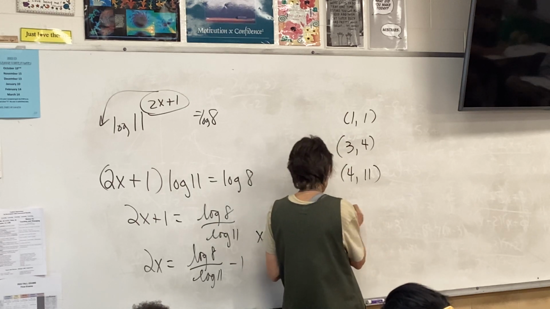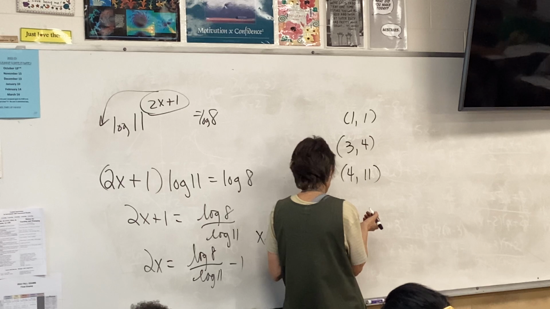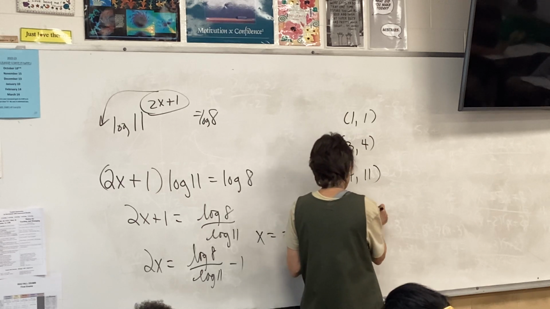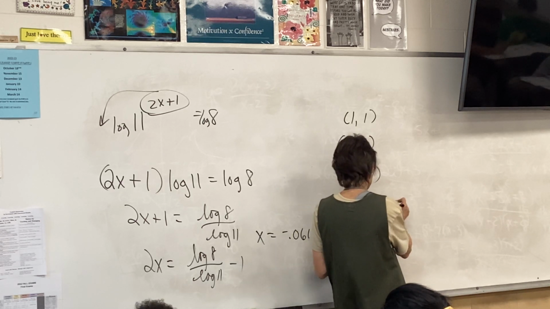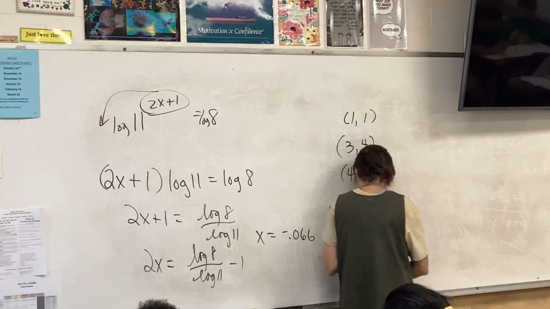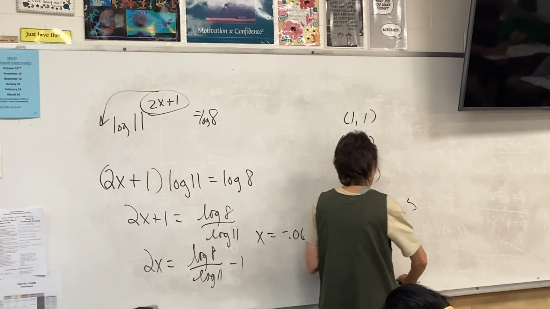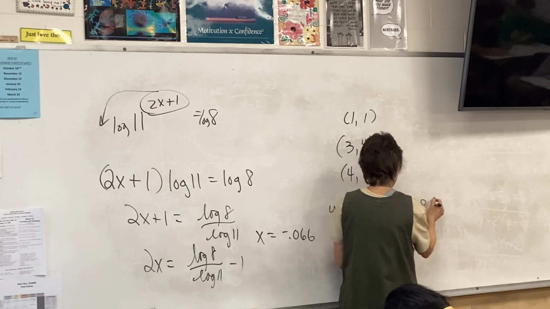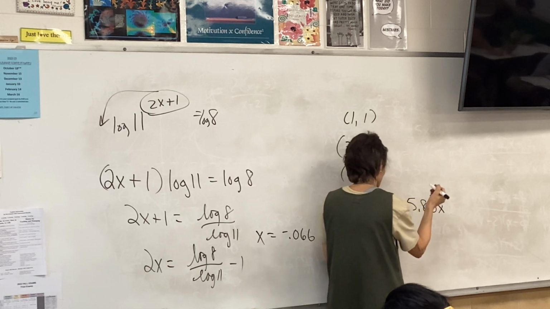And it looks like my equation is 1.83 x squared minus 5.83 x plus 5.